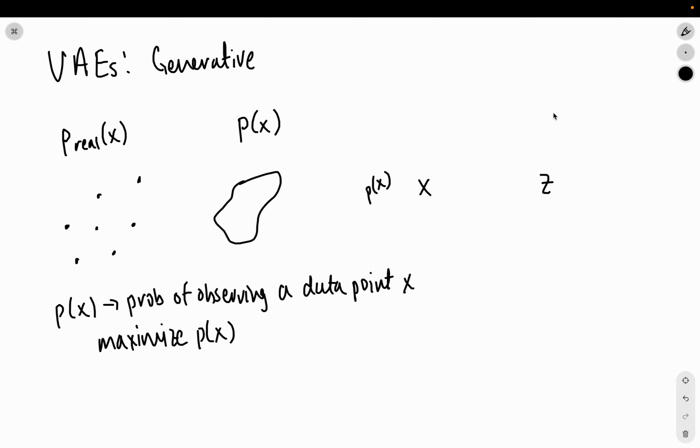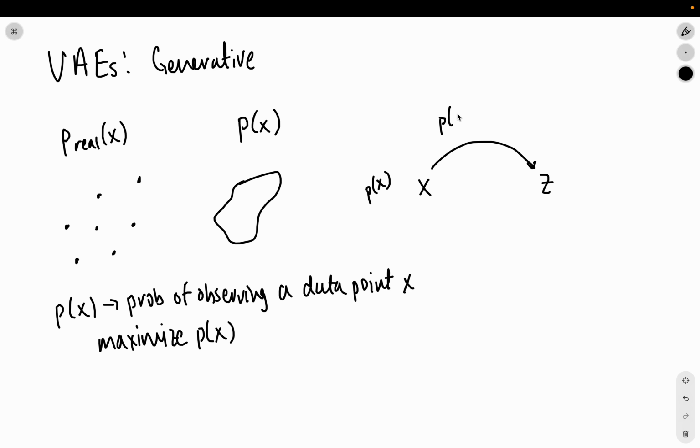Before we do that, let's first consider the overall scenario, which is that we have our high dimensional space, but we also have our latent space. To go from a high dimensional to a low dimensional space is the encoding step. That's what the encoder does.